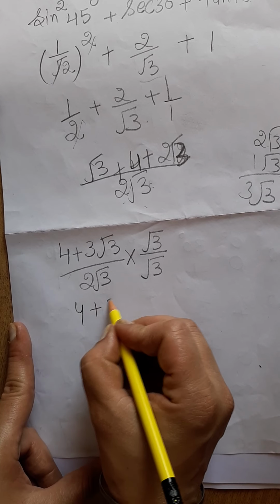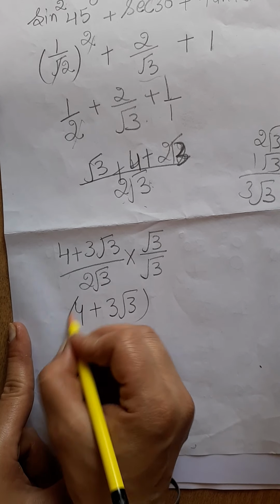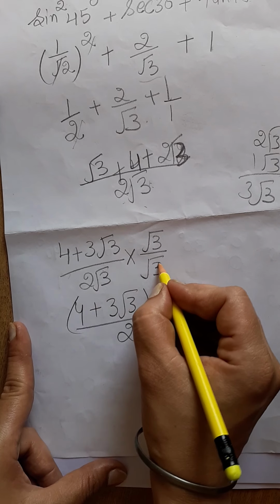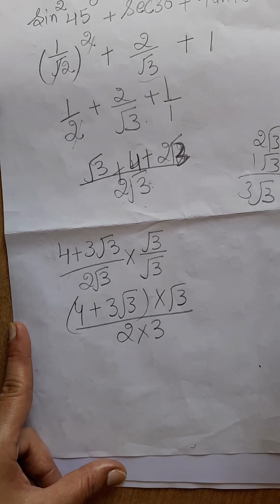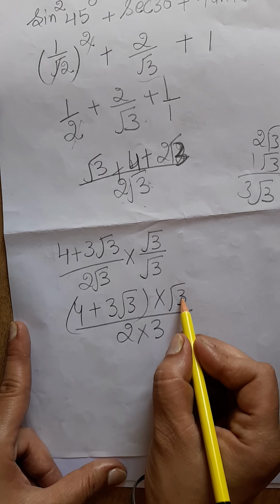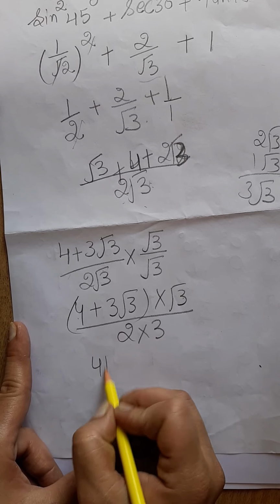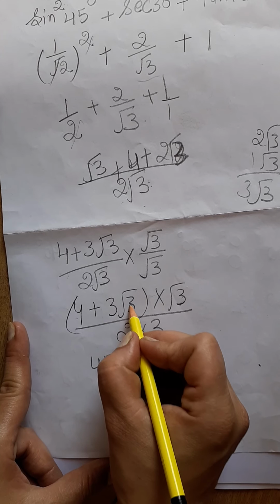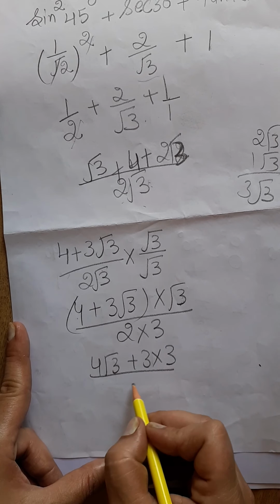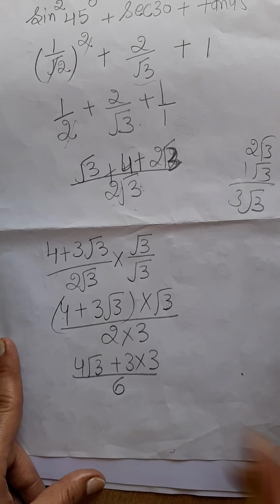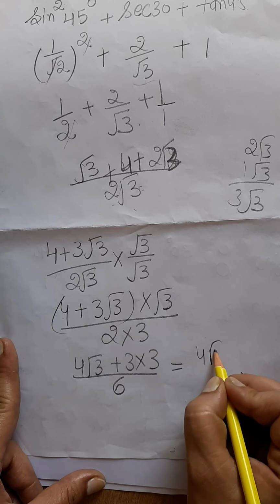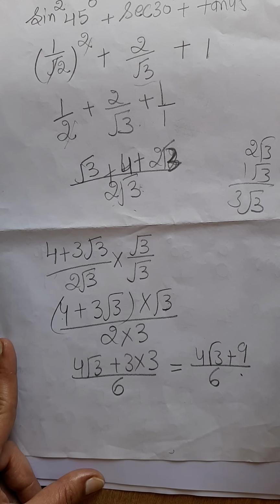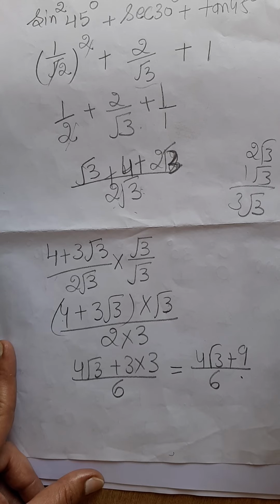So multiplying root 3 in the braces you get 4 root 3, and in the same way multiplying root 3 by root 3 you get 3 only, and you can write here 6. So you get 4 root 3 plus 9 upon 6. So, this may be your answer.